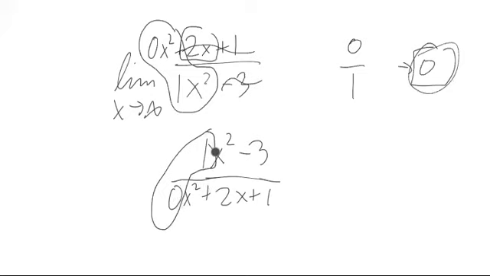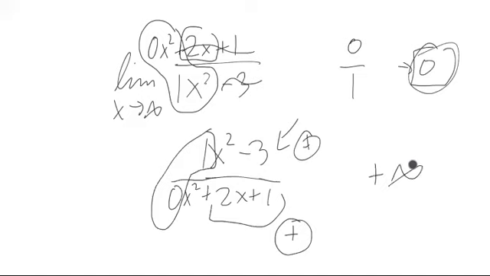However, if we keep in mind that as x goes off to infinity, these are going to be positive, and these up here are going to be positive. So we're really looking at positive infinity, 1 over a very small number, at least in the ratio. So the limit would be this.